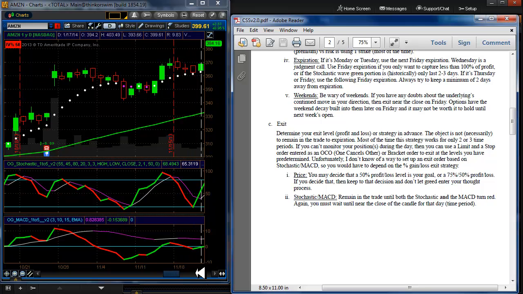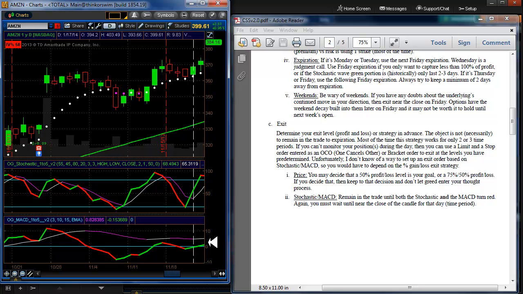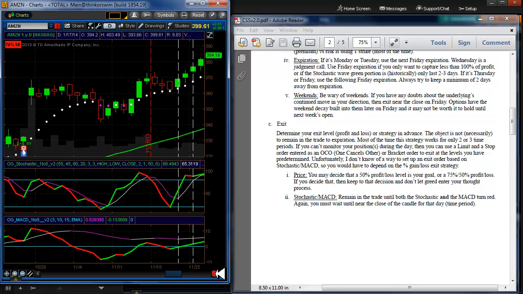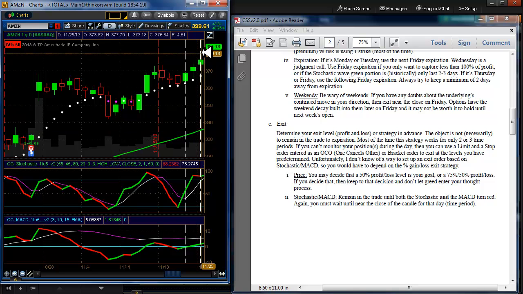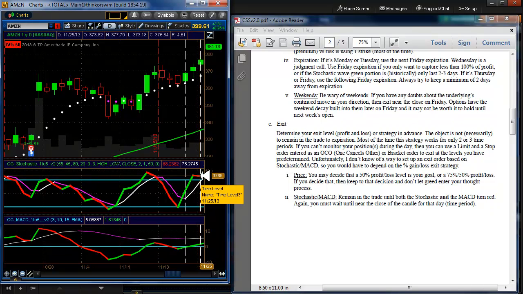Okay, so let's take a look at what happened to Amazon. All right, the next day here we are green and green on the stochastic and the MACD. So we stay in. On this particular day right here, the stochastic turns down, and this can flip around, especially one at this level here.